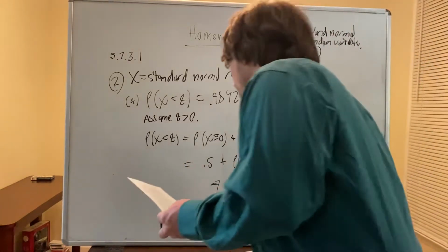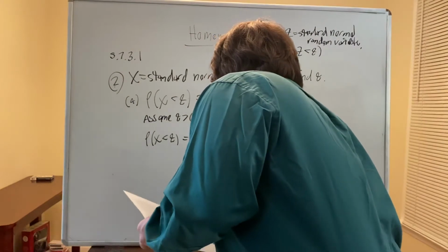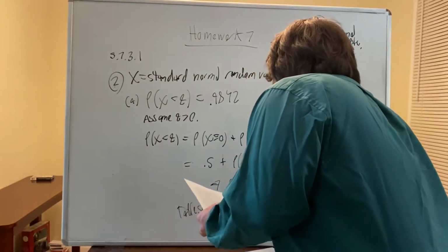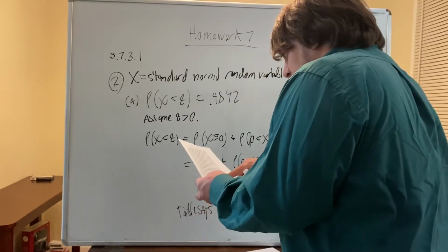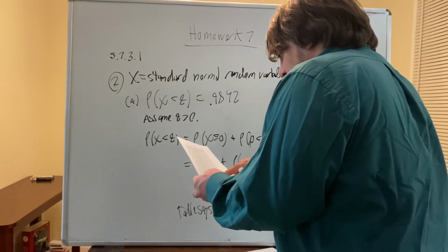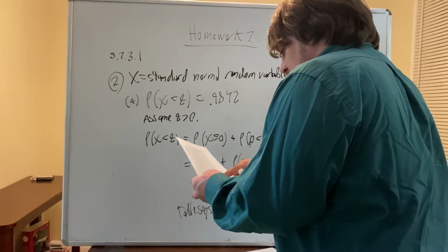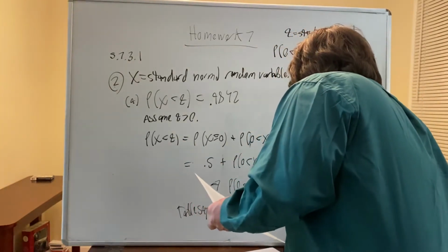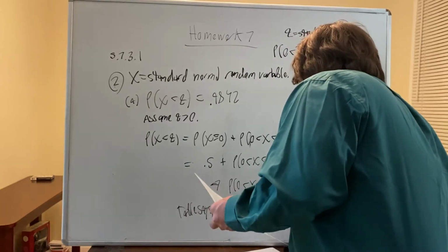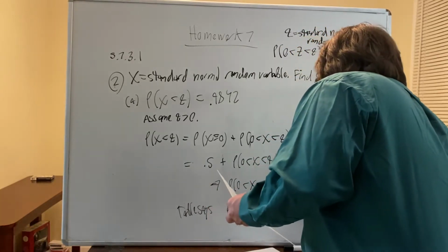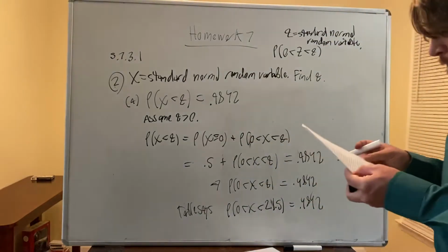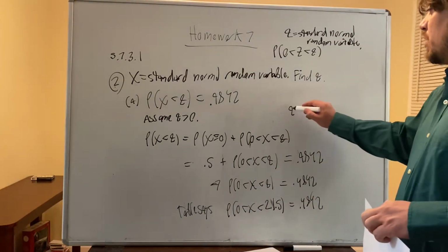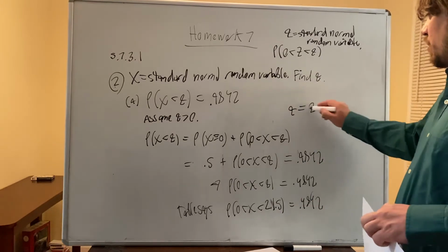So the table says that the probability that 0 is less than x less than 2.15, and you're basing this on the table because you can't compute the integral, you have to go by this table, is 0.4842, which is exactly that probability. And so that means the answer is z. We found z. z is 2.15.